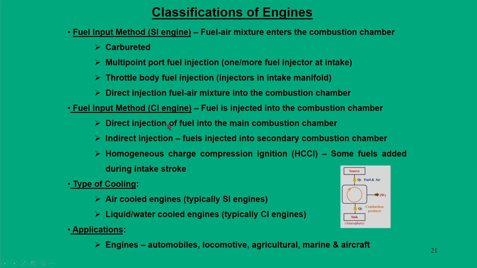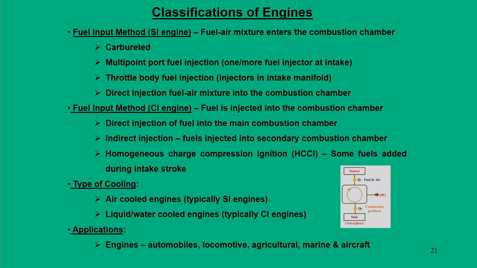In CI engines the concept goes a different way: air is compressed in the cylinder and fuel is injected into the cylinder directly. We use fuel nozzles for direct injection of the fuel into the main combustion chamber.